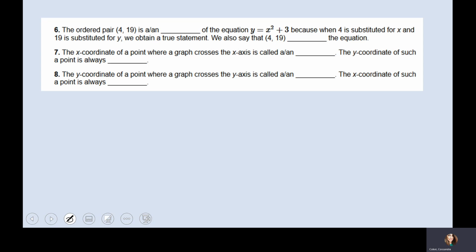When you're on the x-axis, your y-coordinate is always 0. The y-coordinate of a point where a graph crosses the y-axis is called the y-intercept, and the x-coordinate is always 0 in that case.